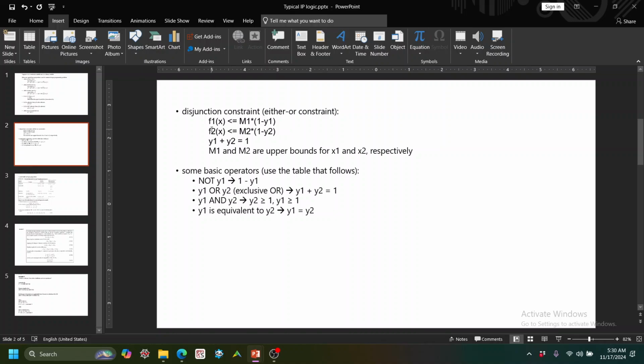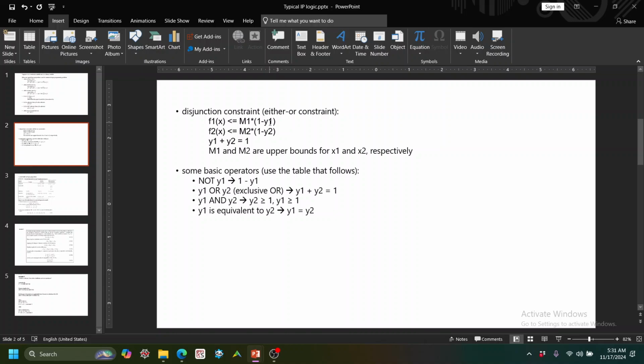If function 1, f1 as a function of x, is less than or equal to the big M1 for this function 1 multiplied by the negation of y1, so for example if y1 equals 1, that means this whole thing is 0, and then f1 has to be less than or equal to 0.